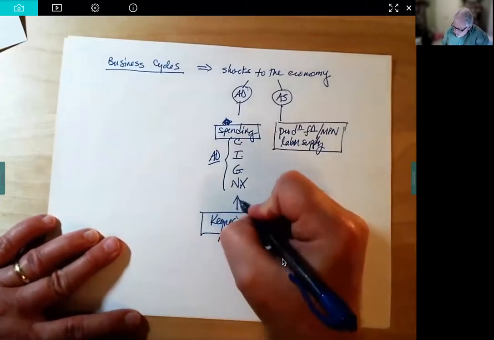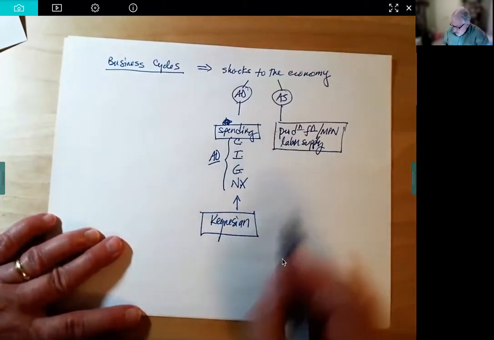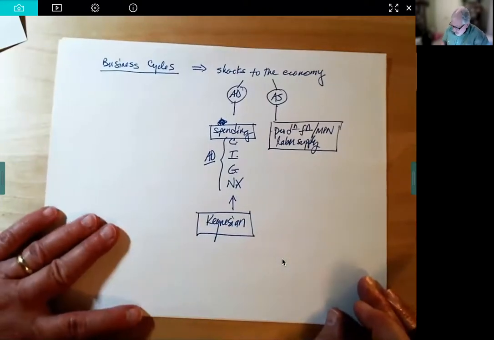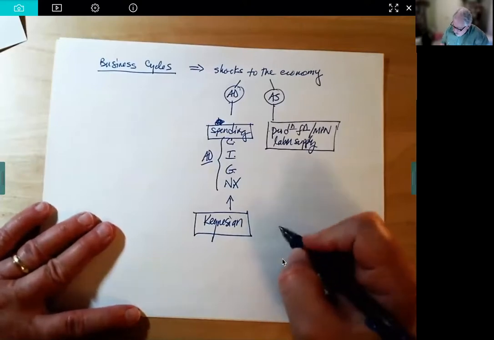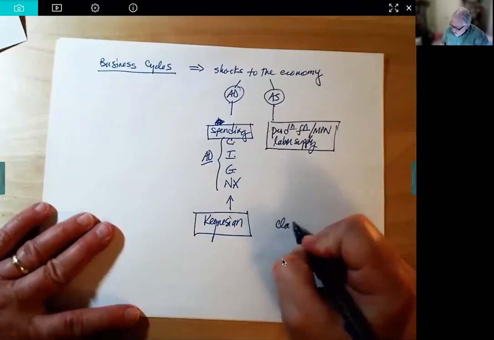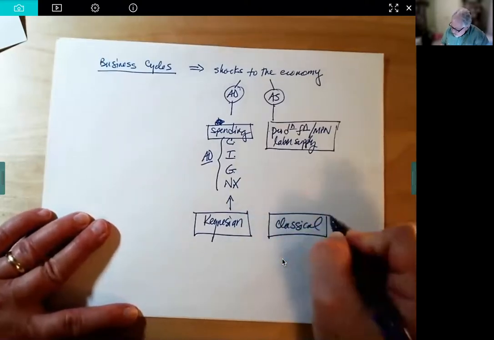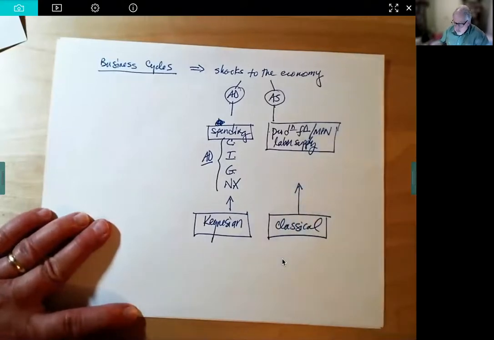John Maynard Keynes believed, and Keynesian economists believe, that shocks to spending are what lead to business cycles in the economy, whereas classical economists, or new classical economists these days, and there are new Keynesians as well, believe that the shocks have to come from the supply side of the economy.